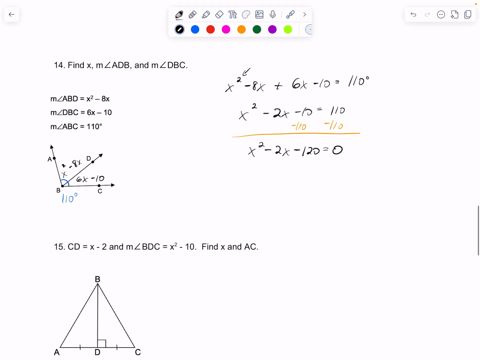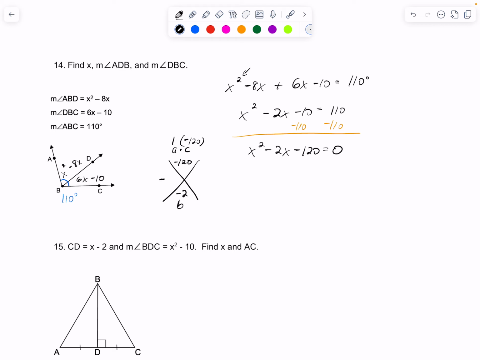All right, so I'm going to try to figure out, using my x, a times c that adds to b. So a is 1, c is negative 120. So when you multiply that, you get negative 120. b is negative 2. Can we think of two numbers that when we multiply them, we get negative 120, and when we add them together, we get negative 2?